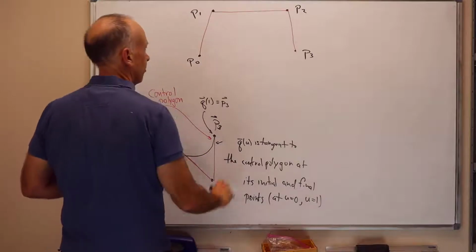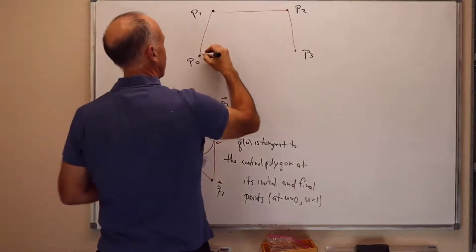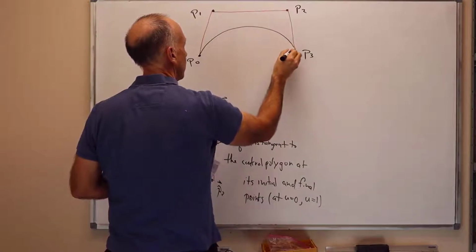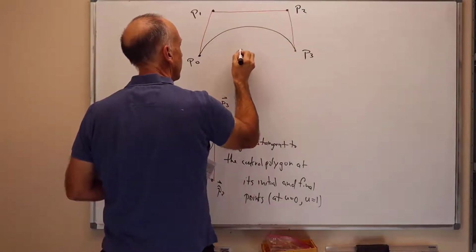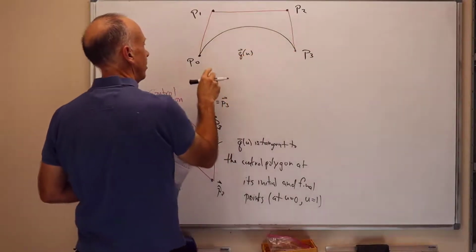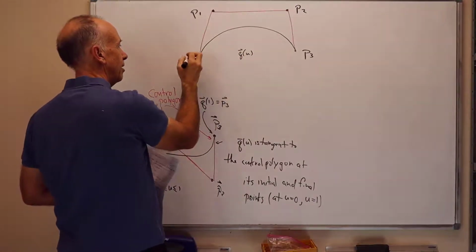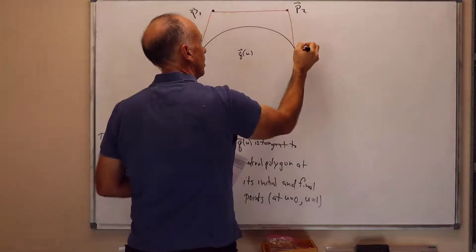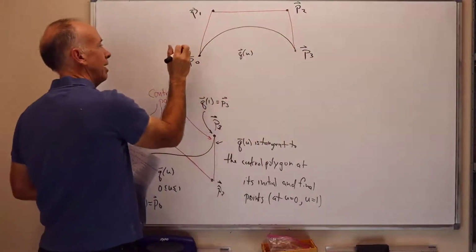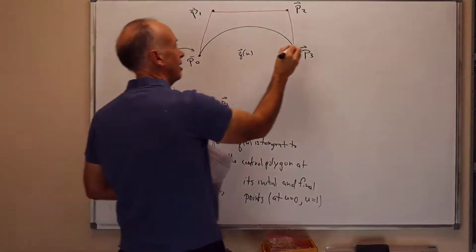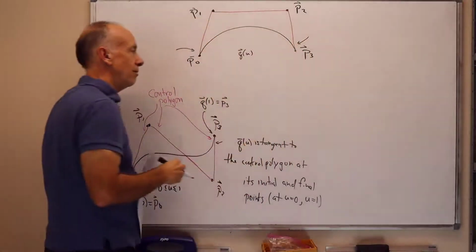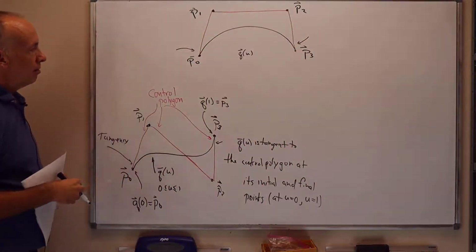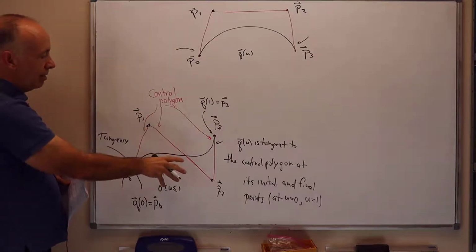The control polygon will go in this order. And now the curve Q of u will look something like the following. So the point here is Q of u starts at P0. It ends at P3. And we've got tangencies at the beginning and end where u equals 0 and u equals 1 to the control polygon. So although the points are arranged in different order, it's the same kind of thing.